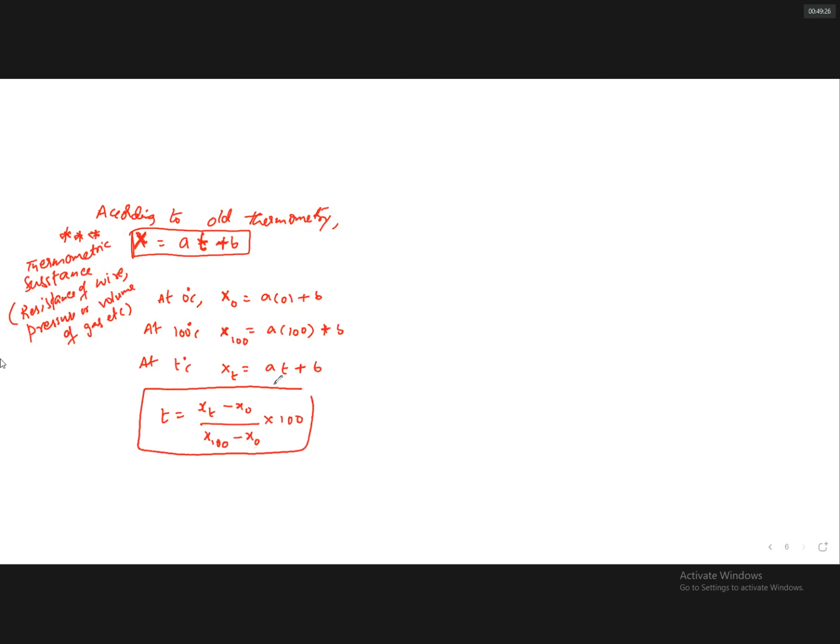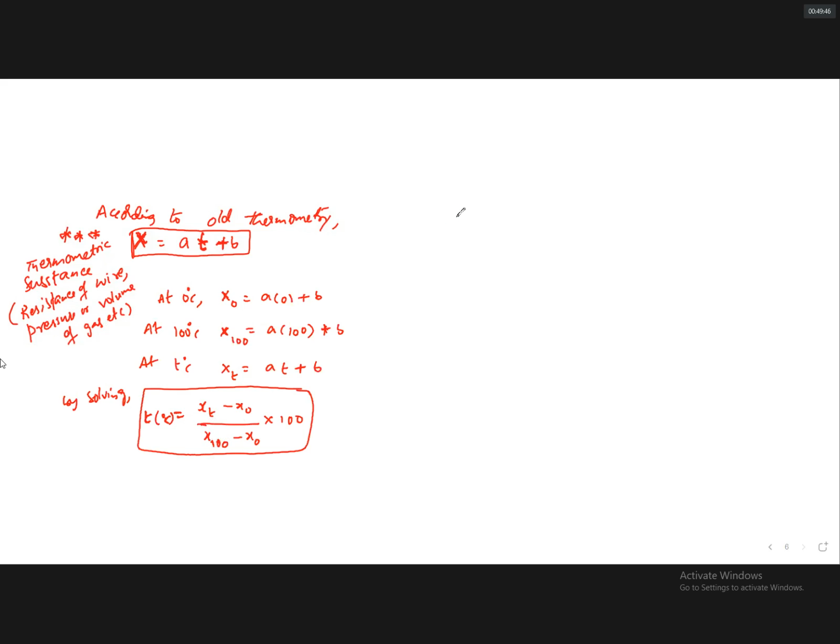By solving, we get the temperature to be measured in degrees Celsius as (XT minus X0) by (X100 minus X0) into 100.